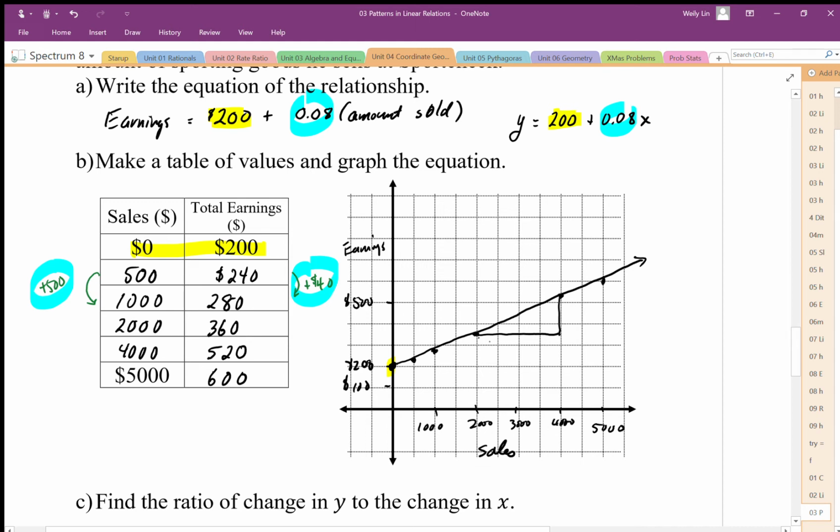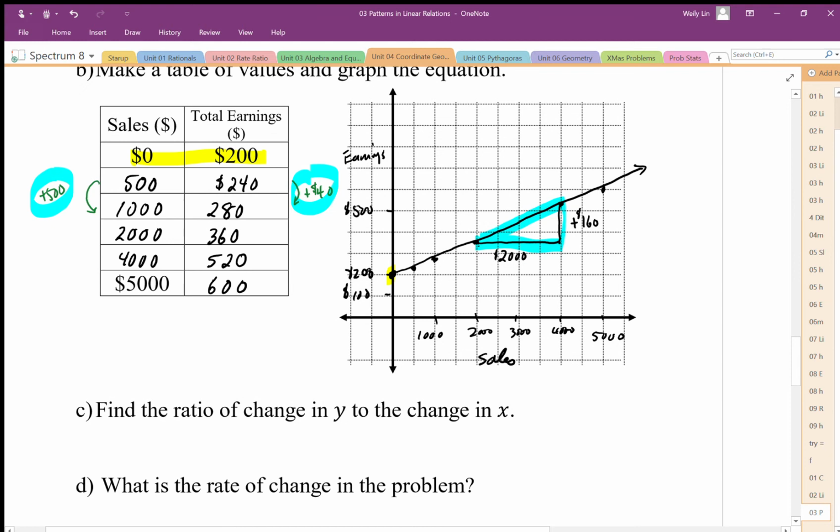In this case, from 2,000 to 4,000, I'm gaining $160 over $2,000 of sales, and that ratio works out to be 0.08. So that's where my ratio of change shows up, in the triangle.